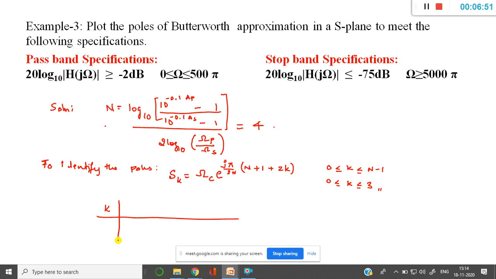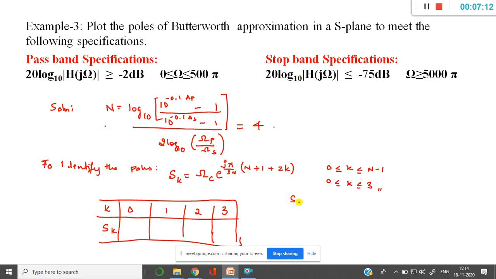So let me take k and s_k values: k equal to 0, k equal to 1, k equal to 2 and k equal to 3. For these many values I am supposed to obtain the equivalent pole values.